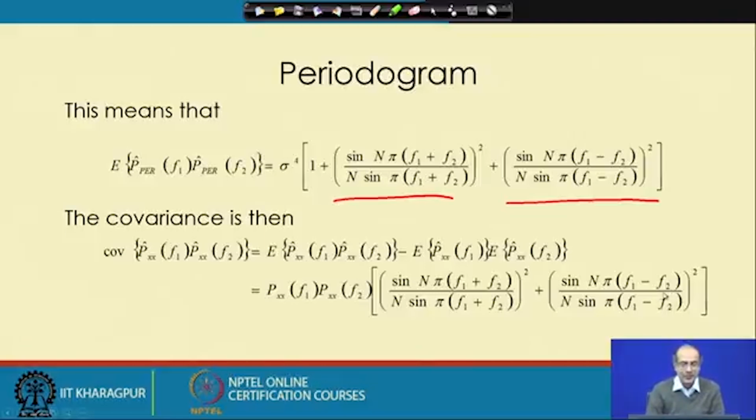And now, using this we can write the covariance that we are looking at. Covariance is nothing but the term we have taken, the expectation of the 2 terms, minus the product of the expectation of each of these terms.